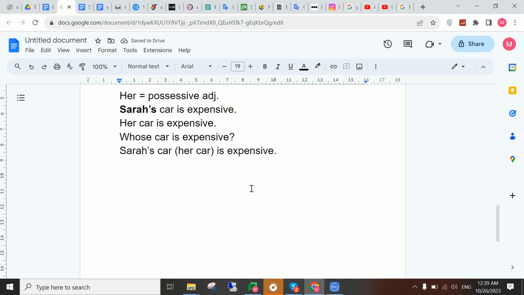For example, her dad is very kind. Not my dad, not your dad, her dad. Sarah's dad, Emily's dad, Miriam's dad, whoever the girl is that I'm talking about.